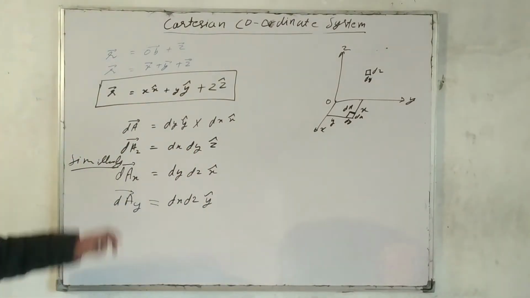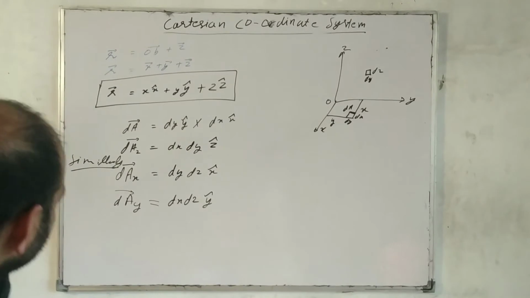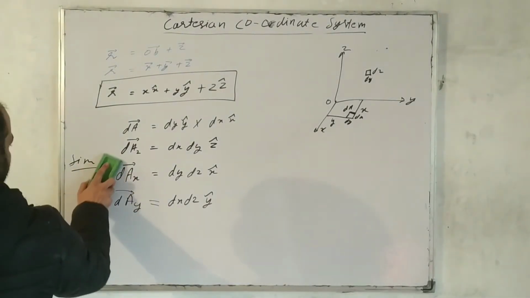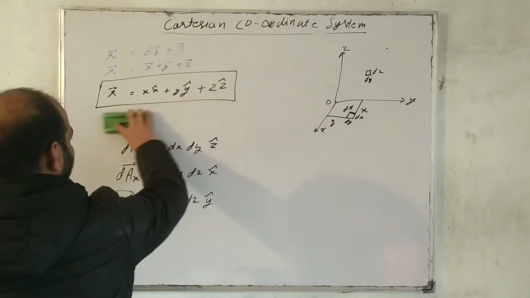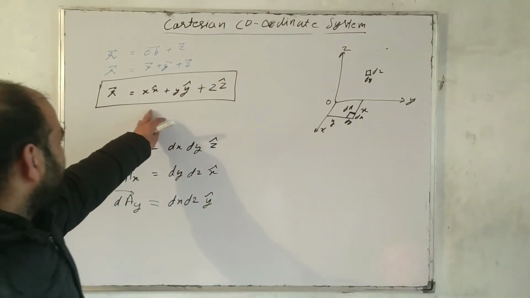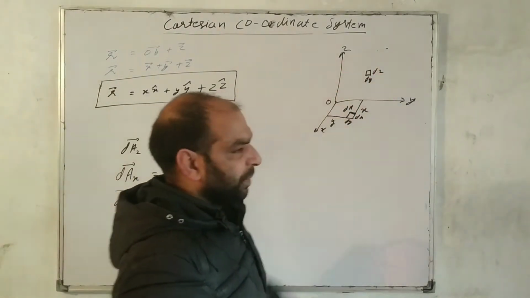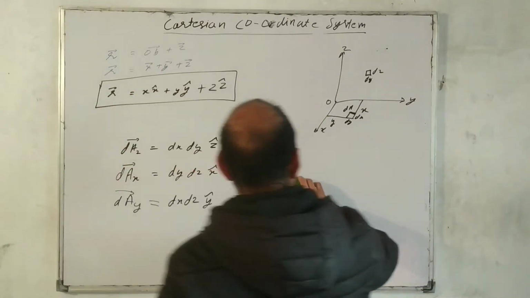So these are the area elements along the x, y and z directions, and this is the position vector of point P that I have erased.